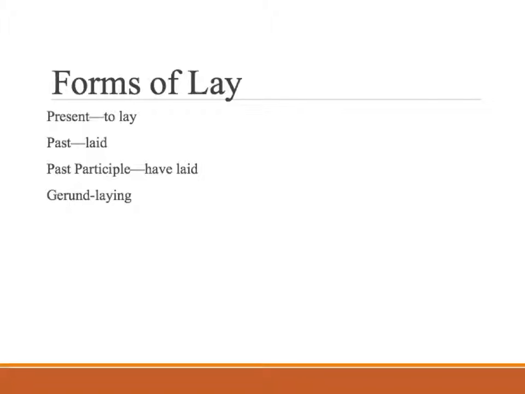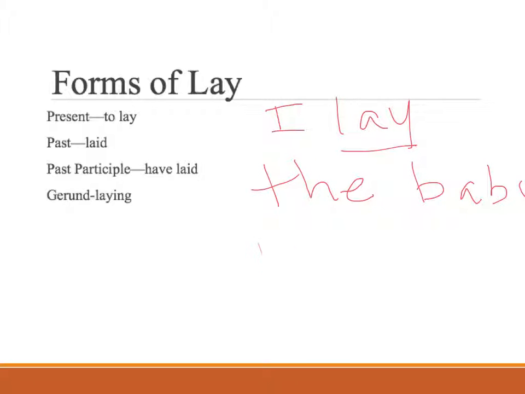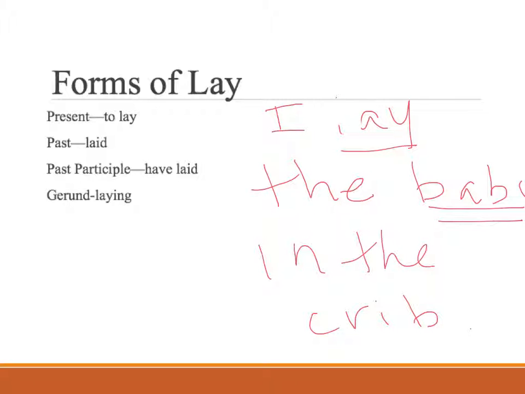So let's take a look at the forms of lay. The present tense is to lay. So I lay the baby in the crib. Present tense. Baby is going to be my object. Now, let's say I did it yesterday. So I'm not going to use lay. I'm going to change this to laid.